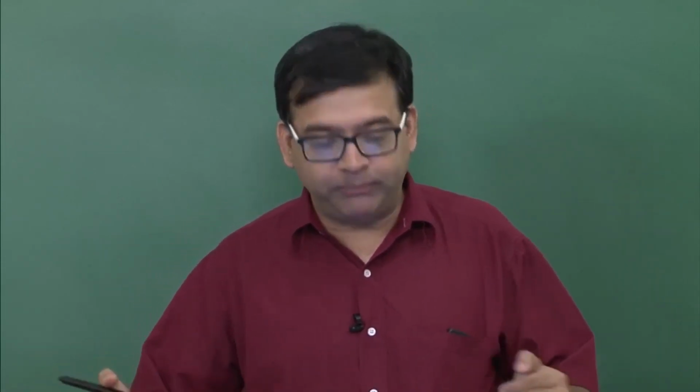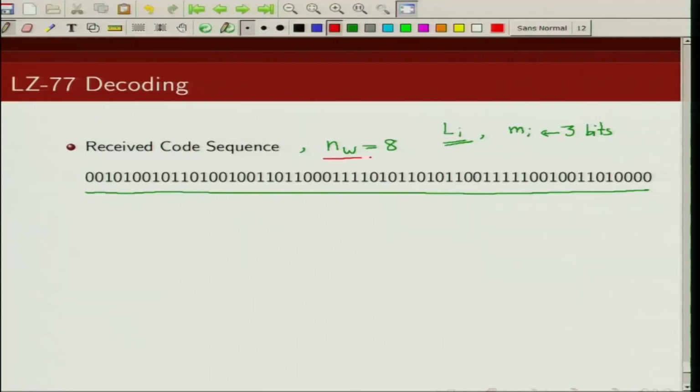So let us first, from this received sequence, try to find the code words corresponding to L1, M1, L2, M2. Because NW is 8, the first 8 bits are my initial sequence, 1, 2, 3, 4, 5, 6, 7, 8. This is my initial sequence that I transmitted.